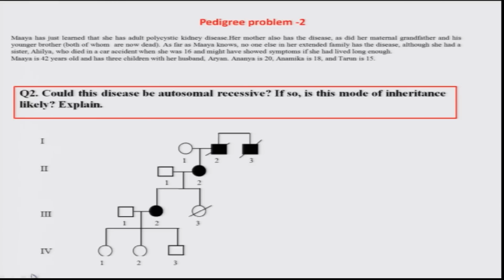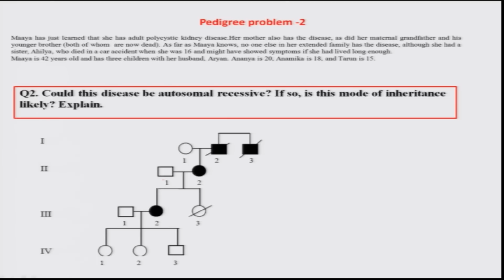If it is an autosomal recessive disorder, then if you see 2,2, this person, to have the disease, the parent 1,2 should also be a carrier. And similarly, if 3,2 has the disease, then 2,1 should also be a carrier for the disease.